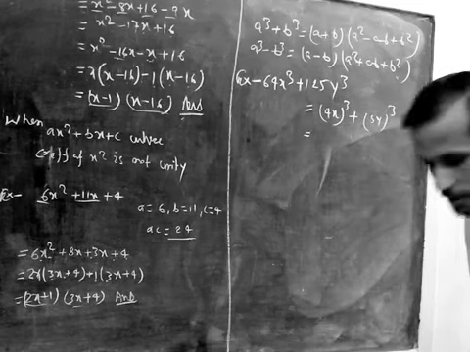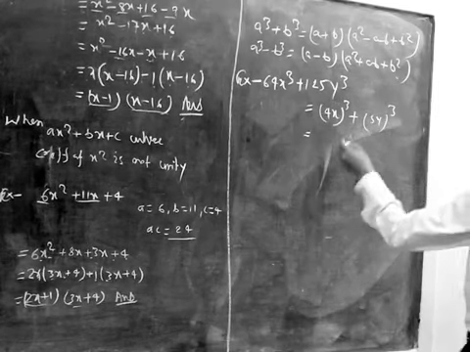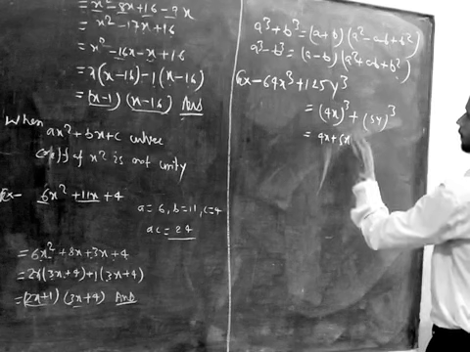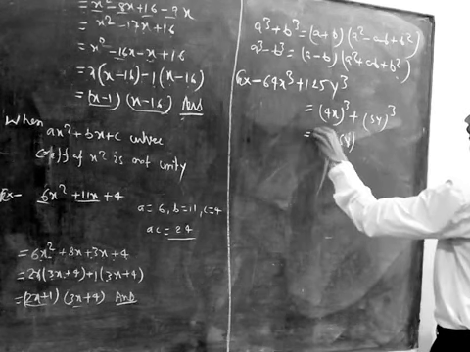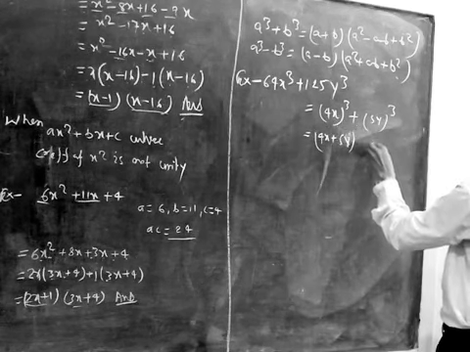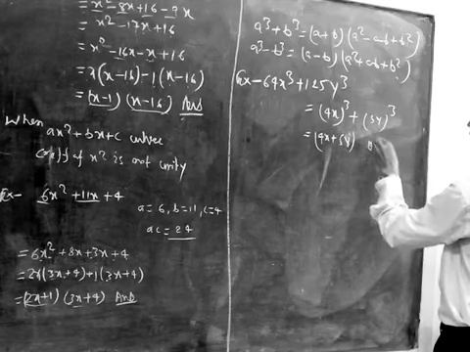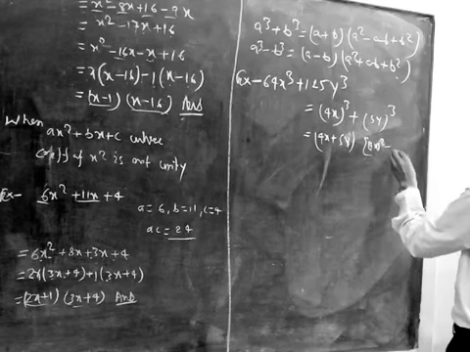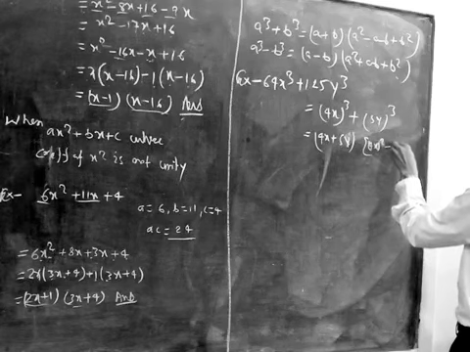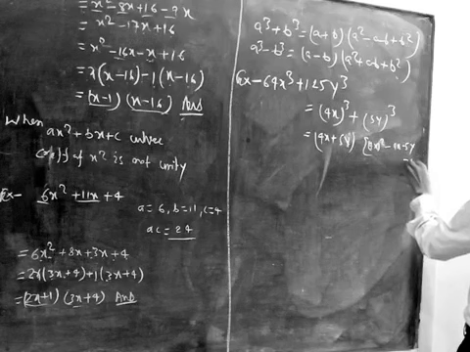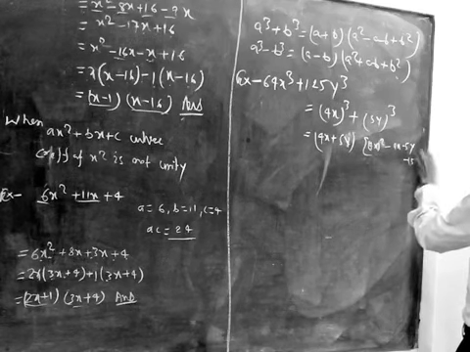And a cube plus b cube is equal to (a plus b), that is (4x plus 5y), and (a square minus ab plus b square), that is (4x) square minus 4x into 5y plus (5y) square.